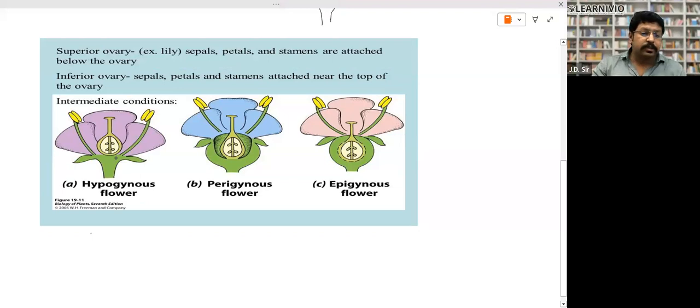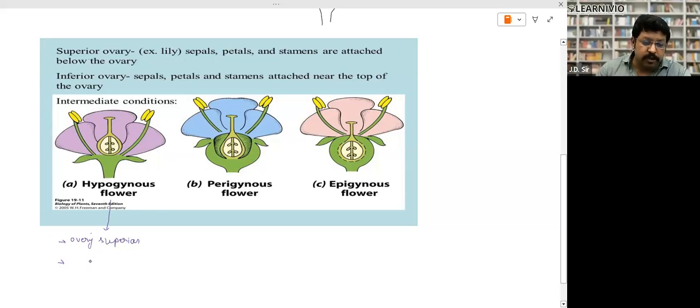Here you can see the ovary is at a superior position, hypogynous. The ovary is at the upper position, and petals, sepals, stamens are all in a lower position. This condition is known as ovary superior, which we can call hypogynous.